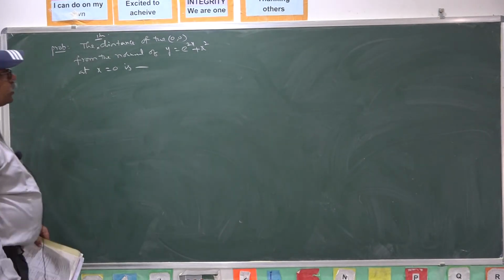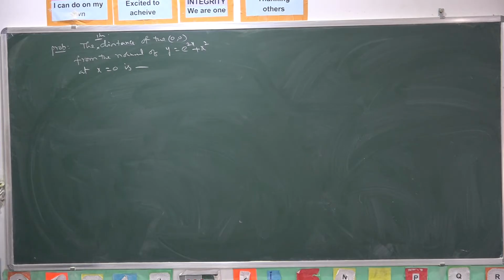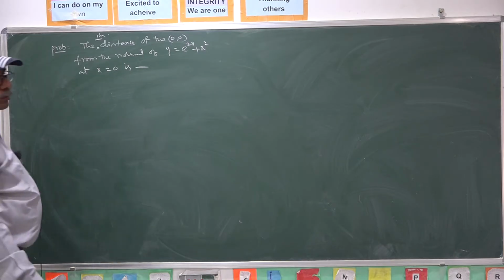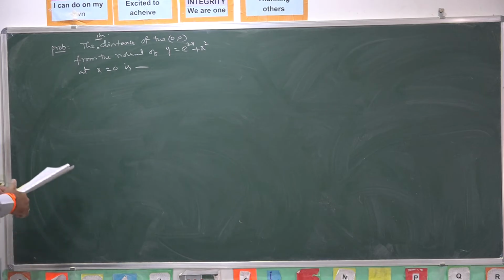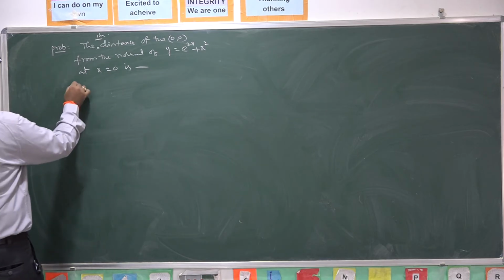The perpendicular distance of the origin from the normal of the curve y equal to e power 2x plus x square at x equal to 0.